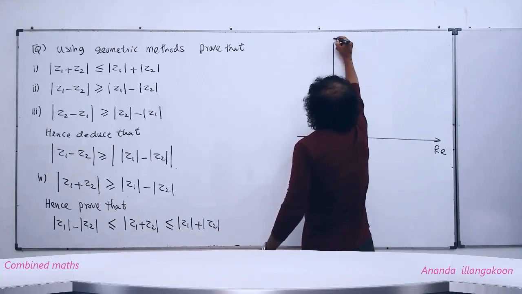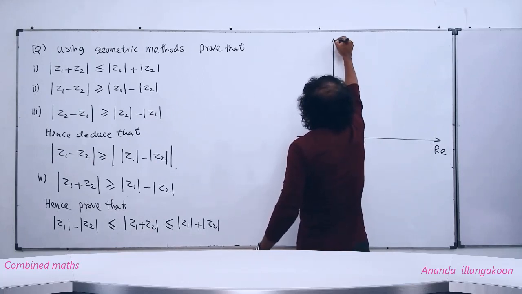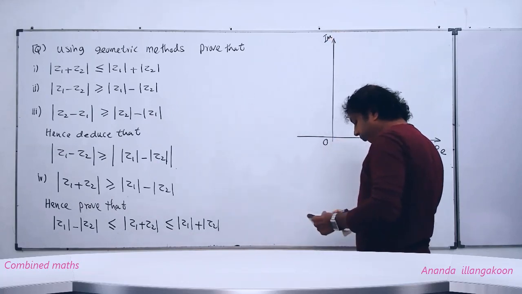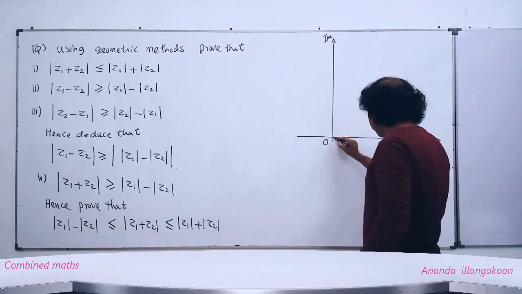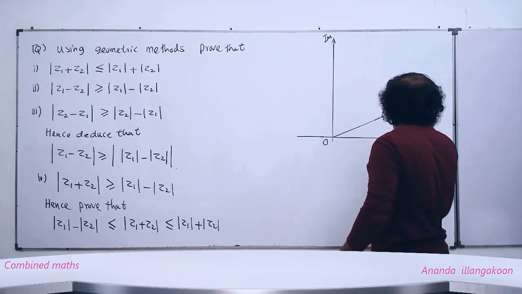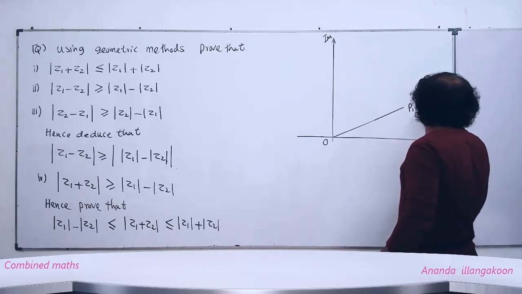This is the imaginary axis. This is the origin O. I'll take this point P1, representing the complex number Z1.